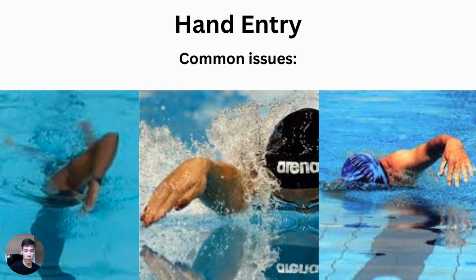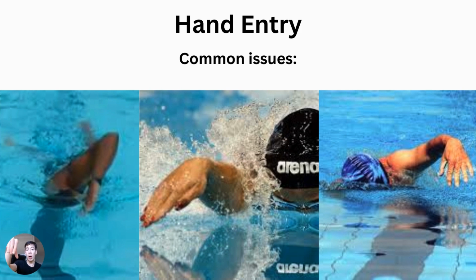So also, just continuing on with this swimmer on the left, because his thumb is entering first, if you actually do this motion, you find that your elbow is actually going to hit the water first, or it's going to hit much earlier than it should. And when he starts to pull, his elbow is going to drop first.